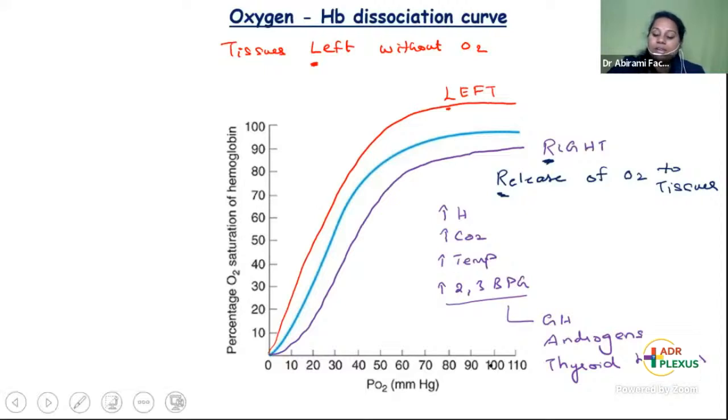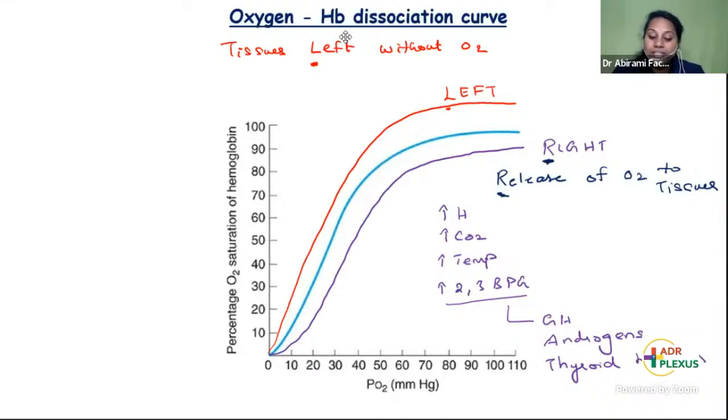So what is another factor which can cause right shift? Right shift means release of oxygen to tissues, so it means the tissues need more oxygen. What are the other conditions where the tissues will need more oxygen? Yes, can you answer this? A few physiological conditions also. Excellent, Dr. Hashwini. Hypoxia. Hypoxia is one factor where tissues need more oxygen. Oxygen has to be released to the tissues.